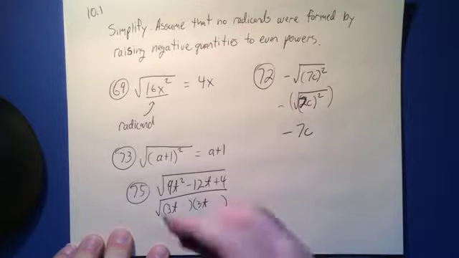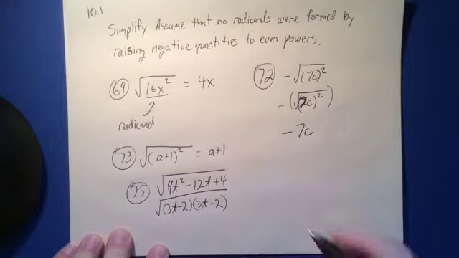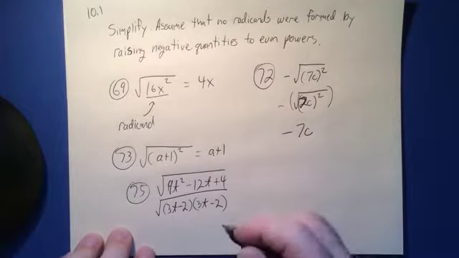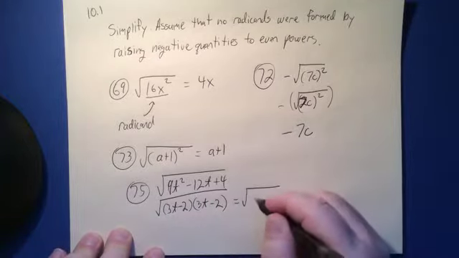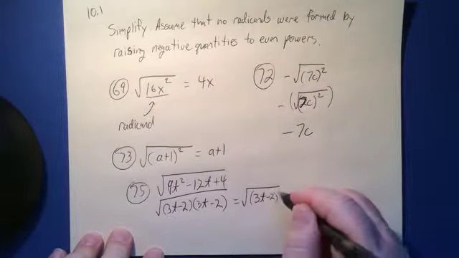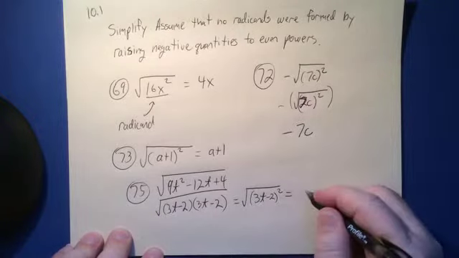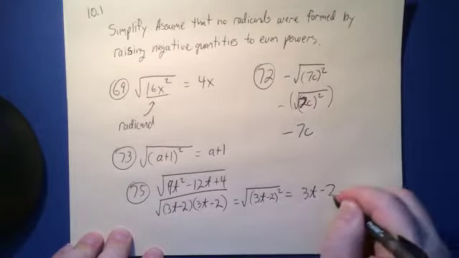Because we have a negative 12t, it's probably going to be minus 2 and minus 2. If you check that, you should see, yes, that's going to give you a sum of negative 12t in the center. I'm going to go ahead and write this now as radical 3t minus 2, that quantity squared. Once the radical and the square undo each other, I'm going to have the value of 3t minus 2.